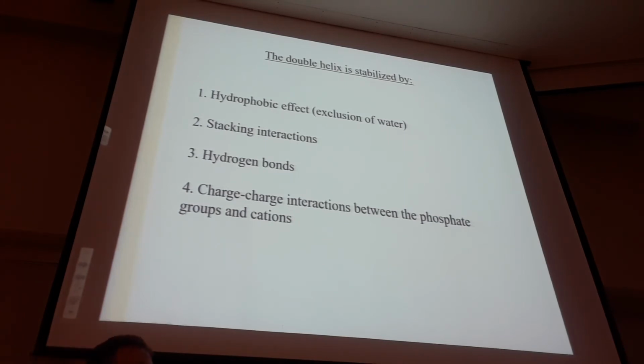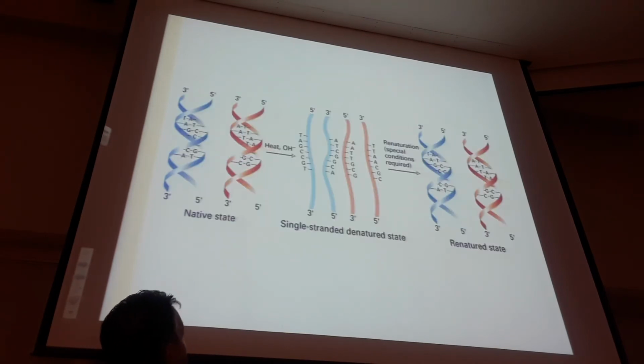So overall, as I said, double-stranded DNA is a rather stable structure, and we refer to this double-stranded state as the native state. This is an analogy to the native conformation that proteins would assume under preferable conditions, a certain three-dimensional structure that enables them to do their jobs, to be active.